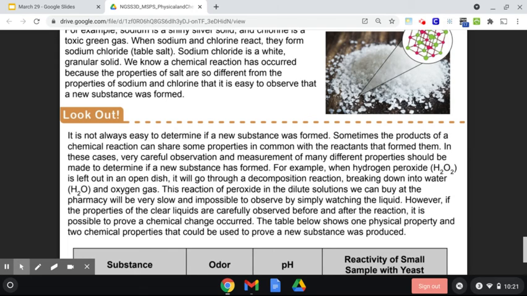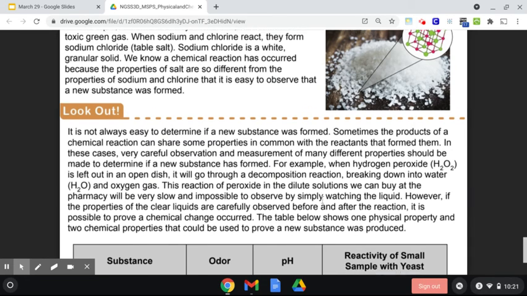For example, when hydrogen peroxide, H2O2, is left out in an open dish, it will go through a decomposition reaction, breaking down into water, H2O, and oxygen gas. This reaction of peroxide in the dilute solutions we can buy at the pharmacy will be very slow and impossible to observe simply by watching the liquid. However, if these properties of the clear liquids are carefully observed before and after the reaction, it is possible to prove a chemical change occurred.